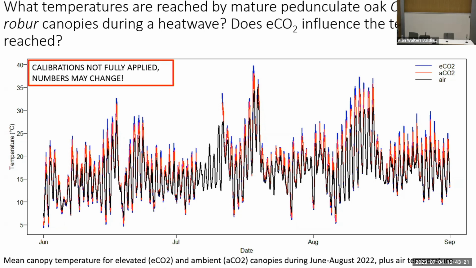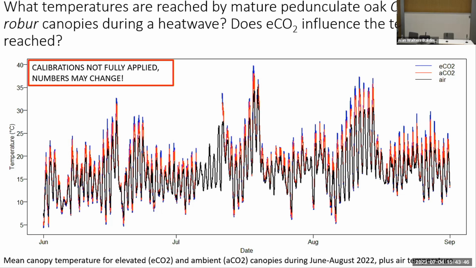But we find that the elevated canopies are much higher than the ambient areas during most of the day. And in the night, canopy temperatures are much cooler than air, and the elevated patches are also just a little bit colder than the ambient area.